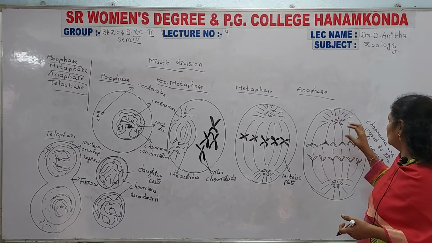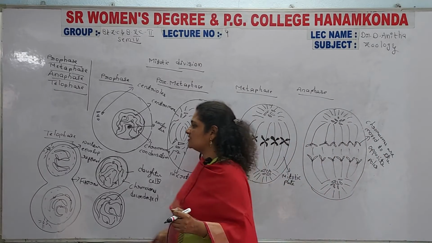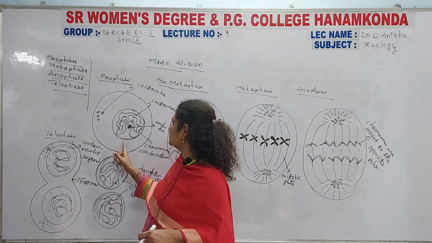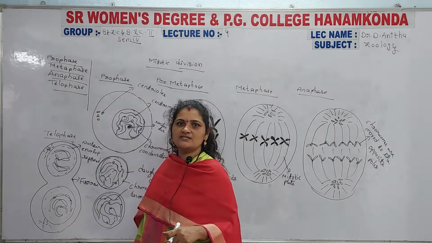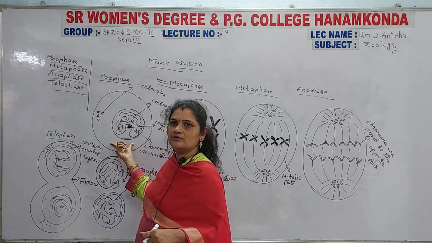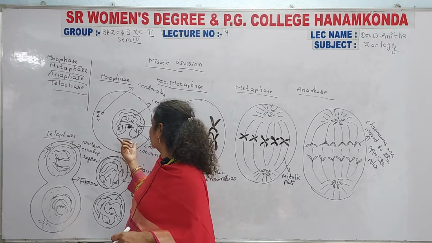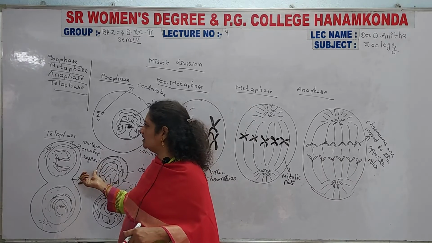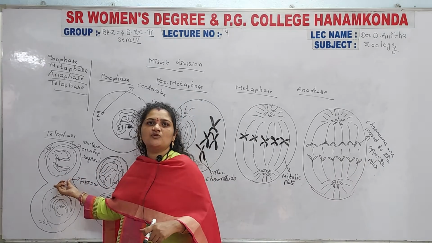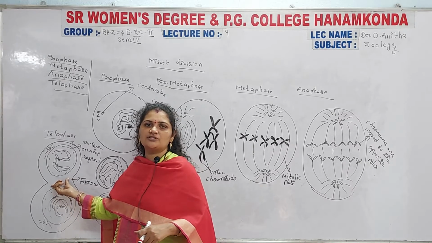So these are the changes that occur inside the anaphase, and then telophase, the end phase. Prophase is the starting stage, telophase is the end stage. In the prophase stage, the disintegration of the nuclear envelope takes place.